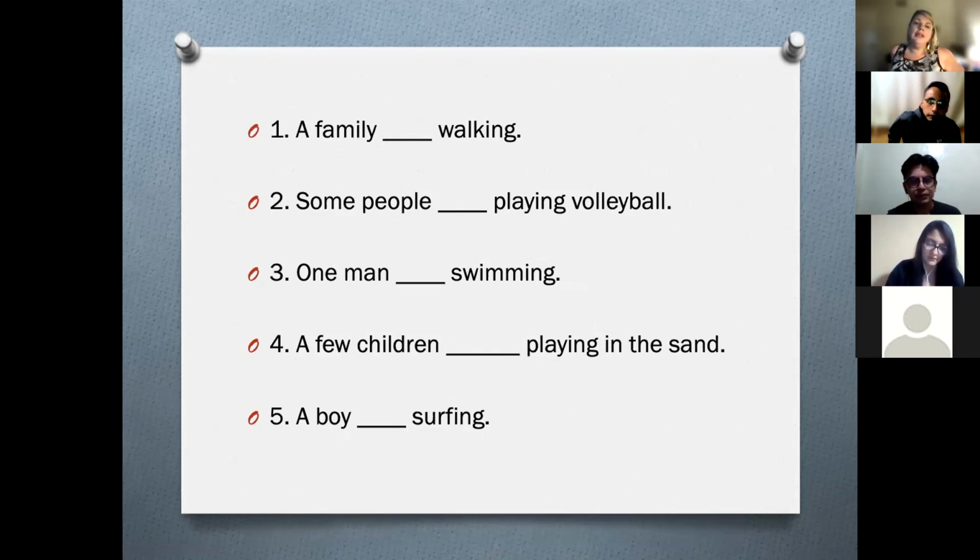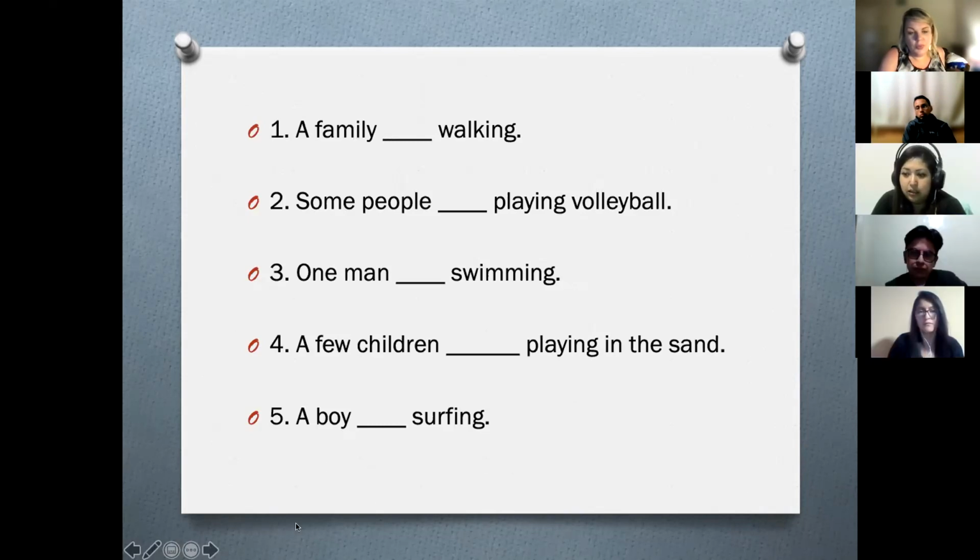Why? Because I'm making them produce part of the target structure. Remember that picture I showed you on the previous slide? Do you need it? No. The instructions said tell, and tell implies to speak.